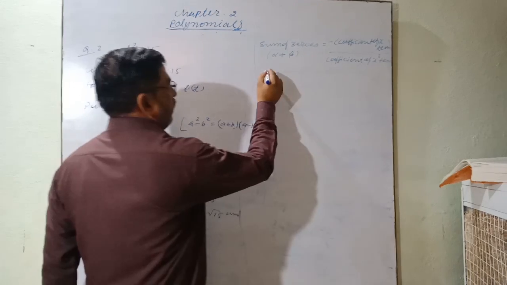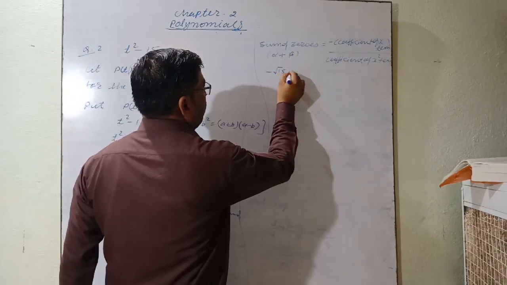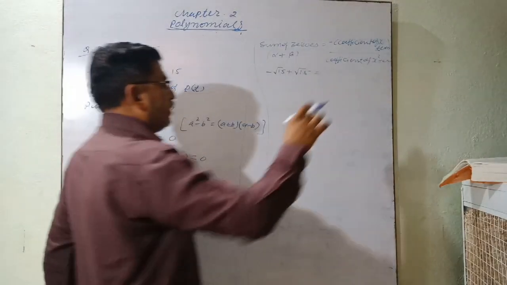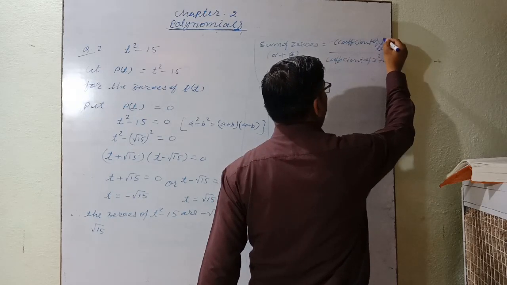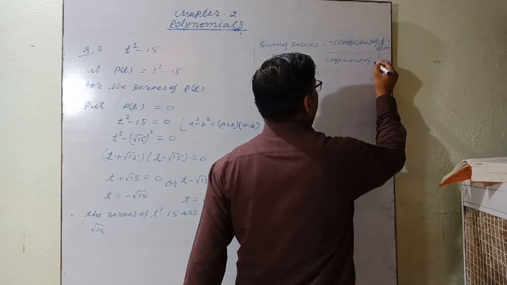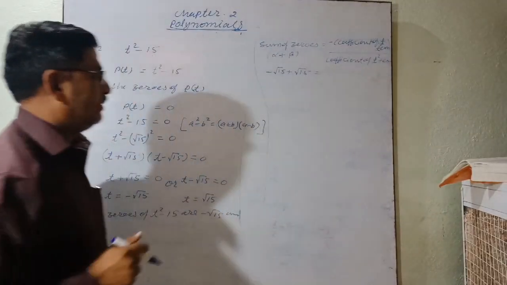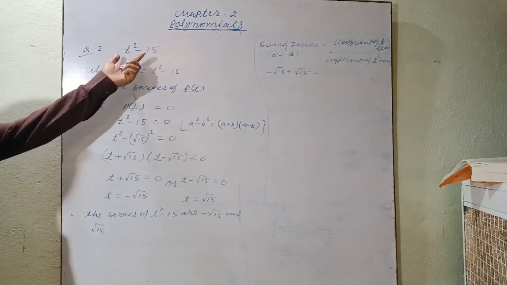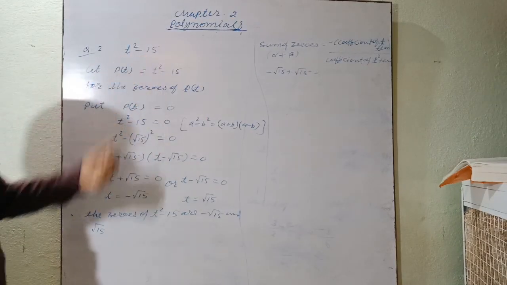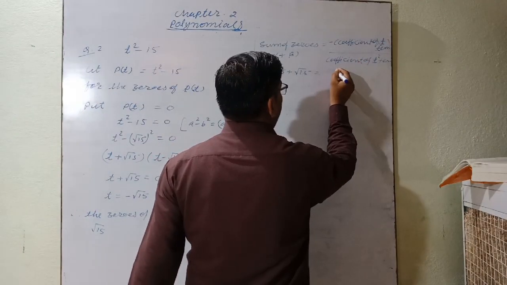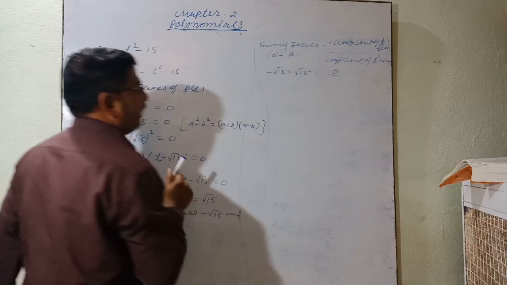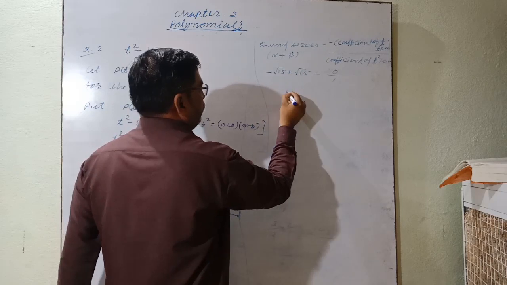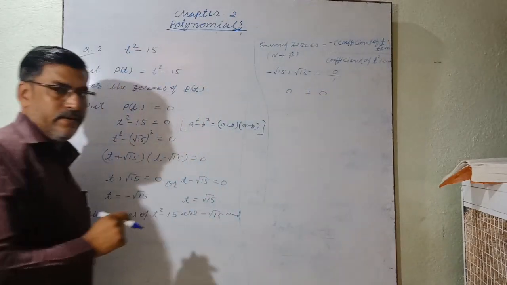So minus under root 15 plus under root 15, and coefficient of t term, because the polynomial is in the variable t. So coefficient of t term is not available here, that means 0. So in place of coefficient of t term is 0 and coefficient of t square term is 1, and minus under root 15 plus under root 15 is 0, 0 equal to 0, this is verified.